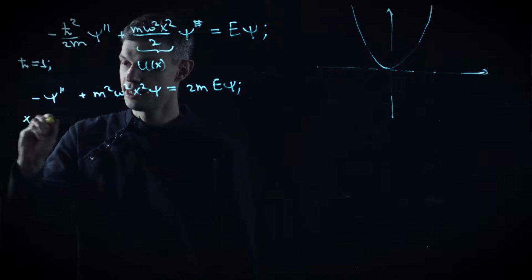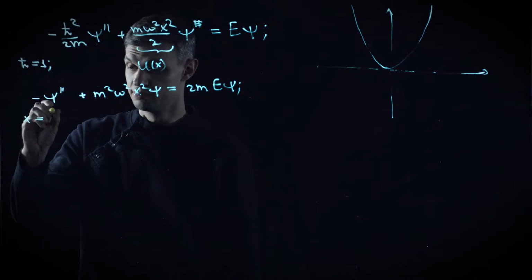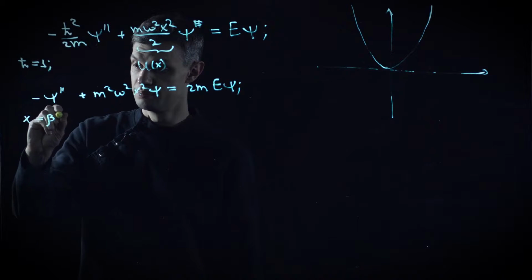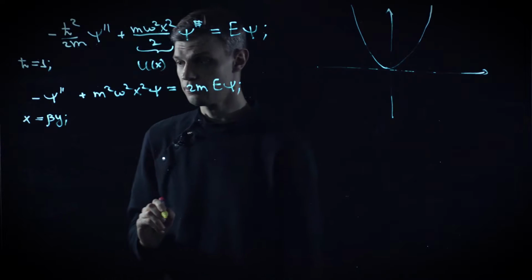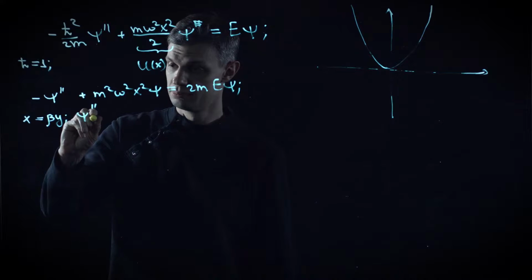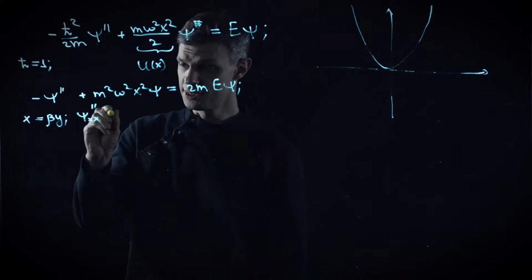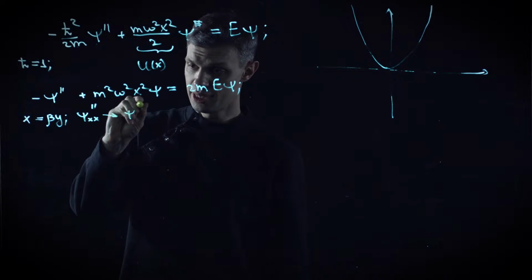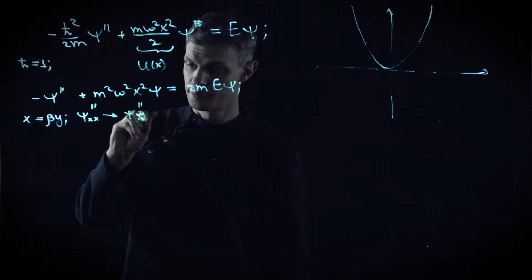So x, suppose, is equal to some coefficient beta times y. Right. Then psi double prime in x is turned into psi double prime in y divided by beta squared.